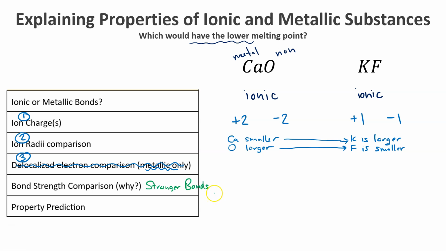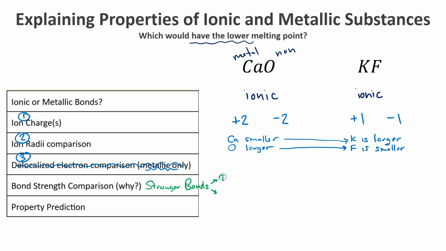Okay, so all of that work and those comparisons were so we could answer this question right here: bond strength comparison, and why. In other words, both of these compounds are held together with ionic bonds. Which of those ionic bonds is stronger? We can tell that by looking at these 2 factors. I want to clarify exactly how you do that and what these things are supposed to tell you.